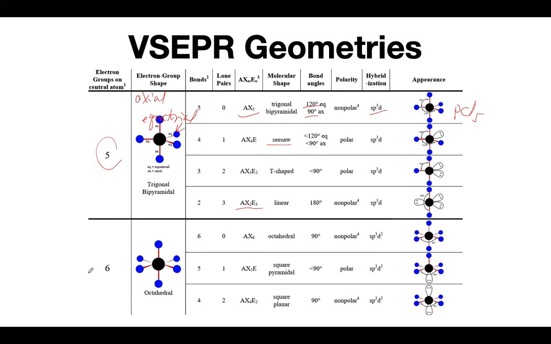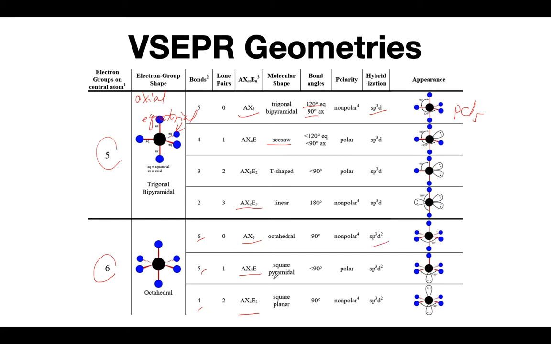Now for the electron group 6, you have octahedral, this case. We basically have 3 scenarios: 6, 5, 4 bonds, right. So AX6, AX5E, AX4E2. So octahedral, this one, nonpolar. This is sp3d2 hybridization.